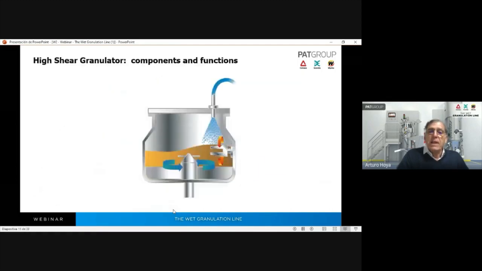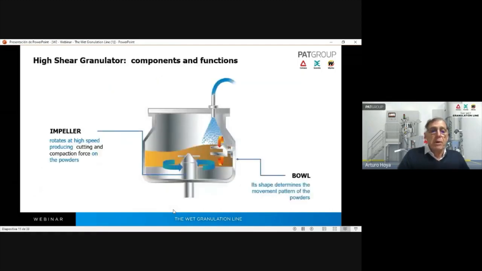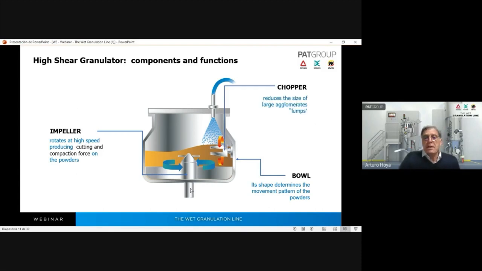The other component is the impeller. The impeller is this device that rotates at high speed, producing cutting, producing compaction force, and delivering the energy that the process needs to transform the powders into granules. The chopper is very important too, because it reduces the size of the large agglomerates, the lumps that form during the process.